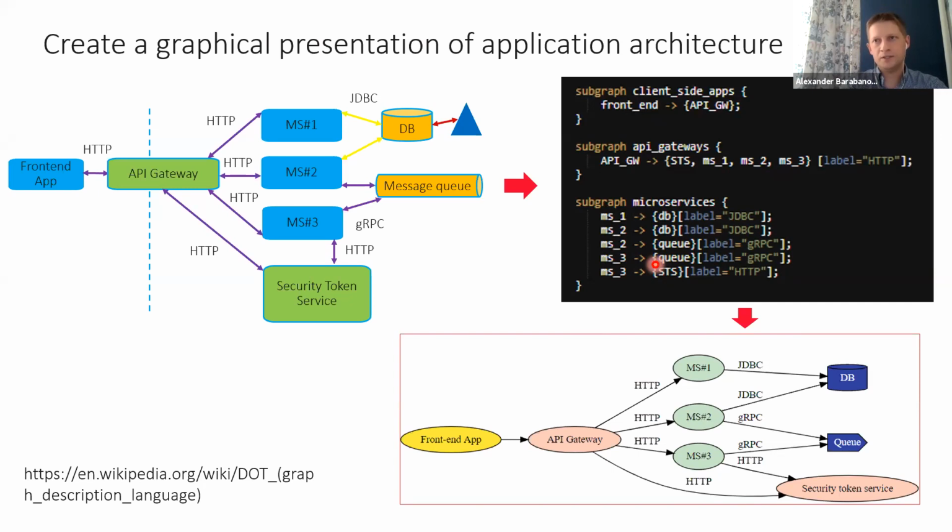So you can simply use language called DOT, graph description language, simply define some building blocks, simply define some connection between those building blocks, simply add some valuable labels, like type of protocol or type of data asset that passes between microservices.